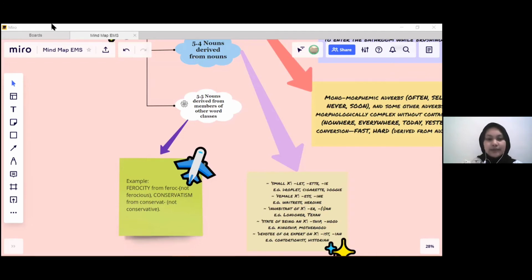For example, the word ferocity is from ferox, not from ferocious, and conservatism is from conservat-, not from conservative.